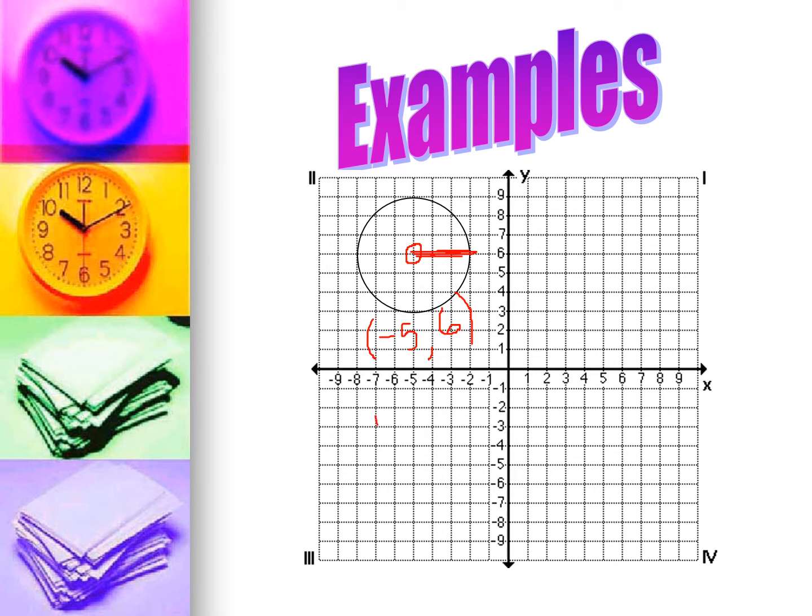Looks like that's 3. And so if you can find the center and the radius, writing the equation is easy. +5 in here, -6 in here, and then take the radius and square it. Not too shabby.